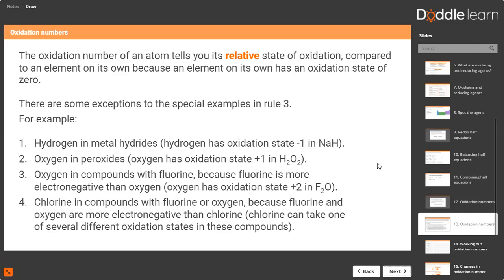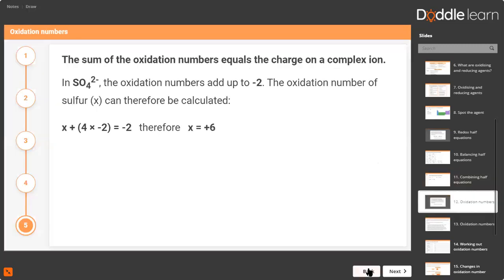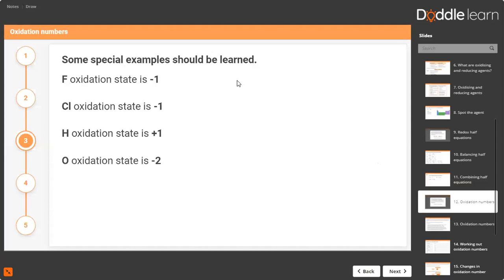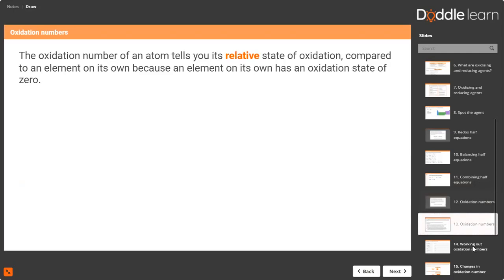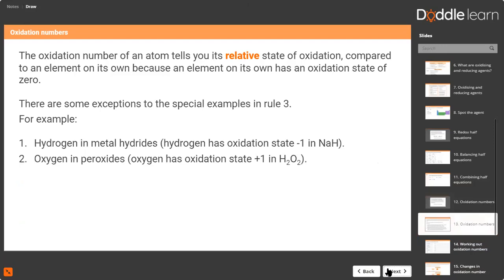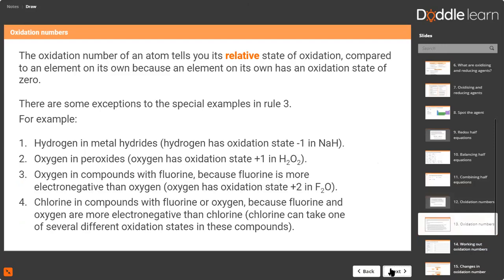Chlorine can take on several different oxidation states in these compounds, so it's not an actual set one, and it doesn't stick to the rule that we said. Where was our rule? Here we go, number 3, where we said chlorine's always -1. Well, actually, when chlorine's with fluorine or oxygen, it could be lots of different things, unfortunately. And that's just because of electronegativity working there.